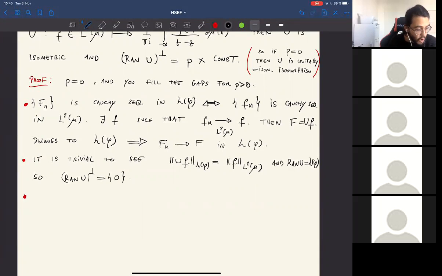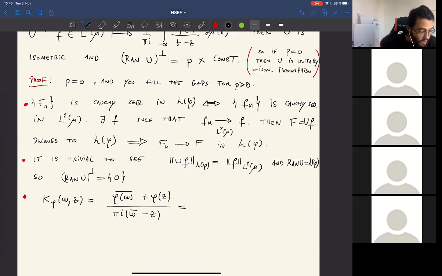So let me deal with this kernel thing. Now we go back to problem 5. So the kernel, let me rewrite again. By problem 5, we have a representation of this, and if you put p equals 0, then the representation becomes 1 over pi squared times the integral from minus infinity to infinity of d mu(t), and then you have (t minus z) and (t minus w bar).